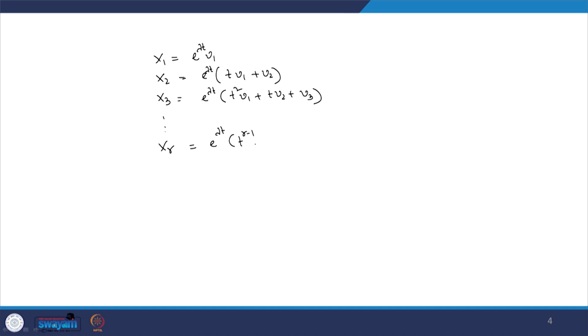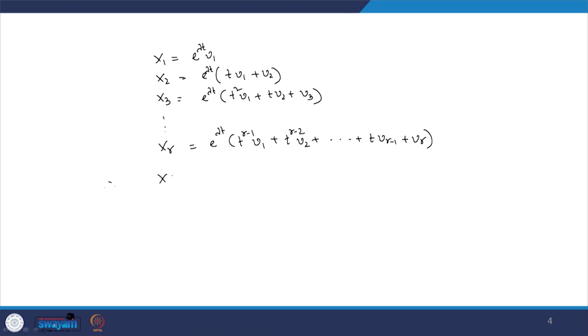First, x1 I am defining as e to the power lambda t into V1, and x2 is equal to e to the power lambda t into (t V1 plus V2), x3 is equal to e to the power lambda t into (t square V1 plus t V2 plus V3), and in general x r I am denoting as e to the power lambda t into (t to the power r minus 1 V1 plus t to the power r minus 2 V2 plus up to t into V r minus 1 plus Vr).